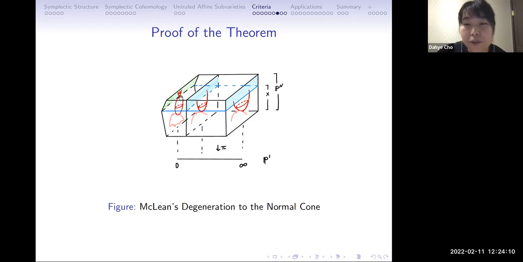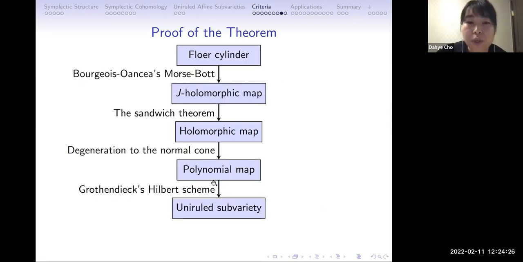The limit inside the fiber over 0 actually breaks into a rational curve intersecting with the descending chain of the Morse function. So using degeneration to the normal cone, we get a polynomial map from CP^1 minus a point, passing through and intersecting the Morse descending chain.